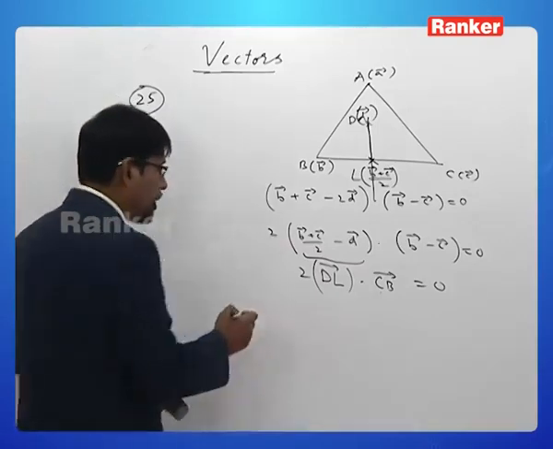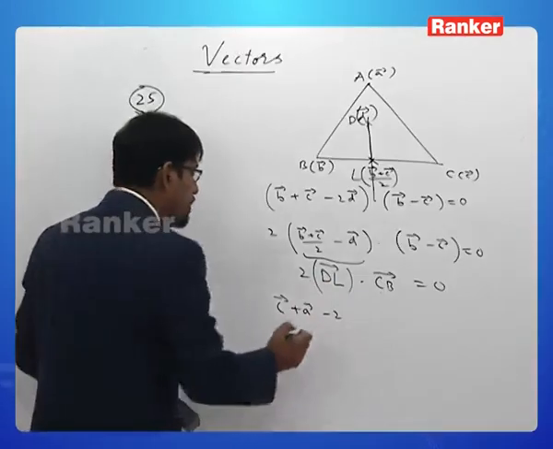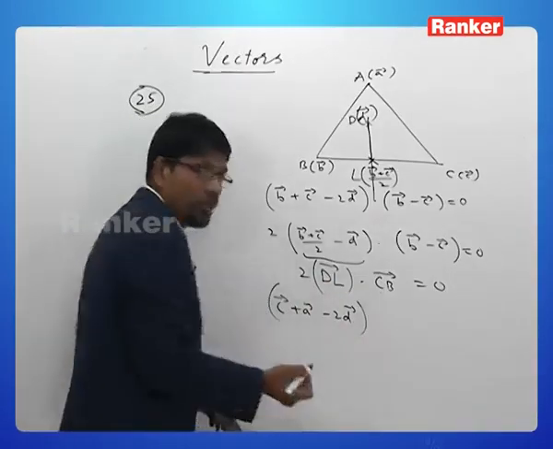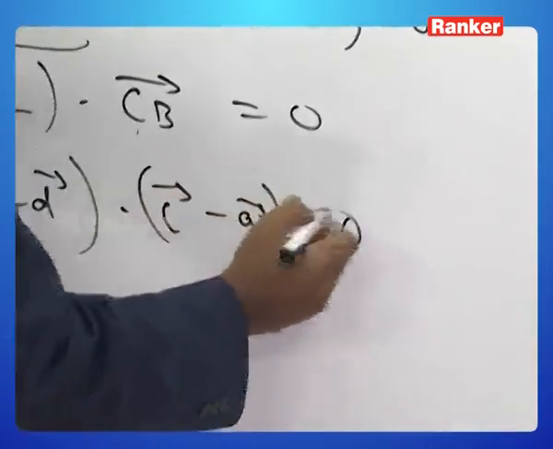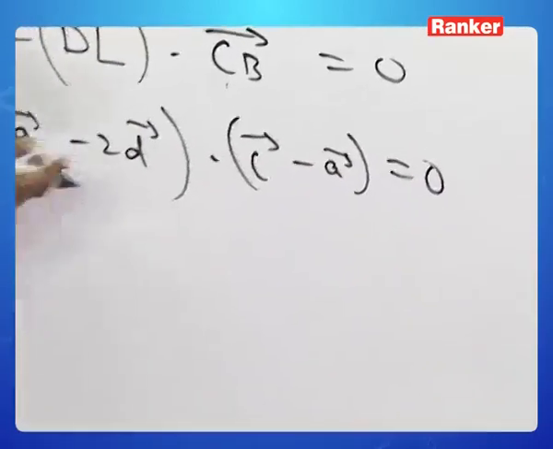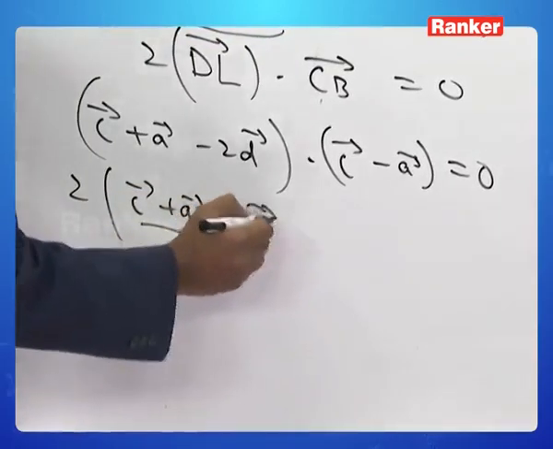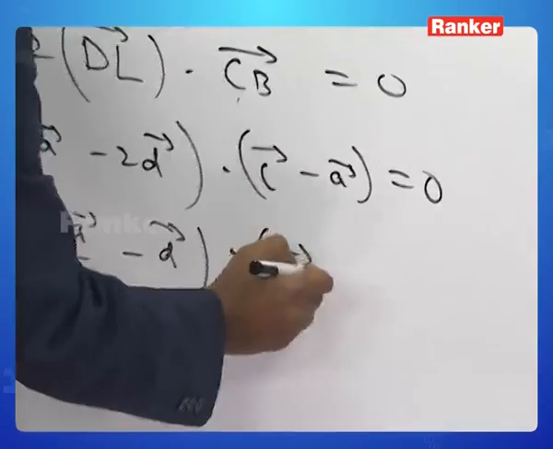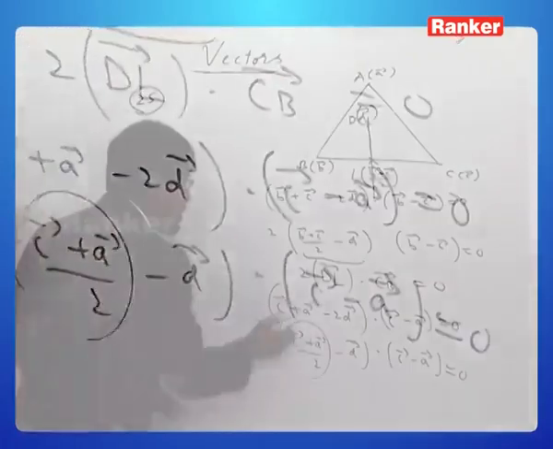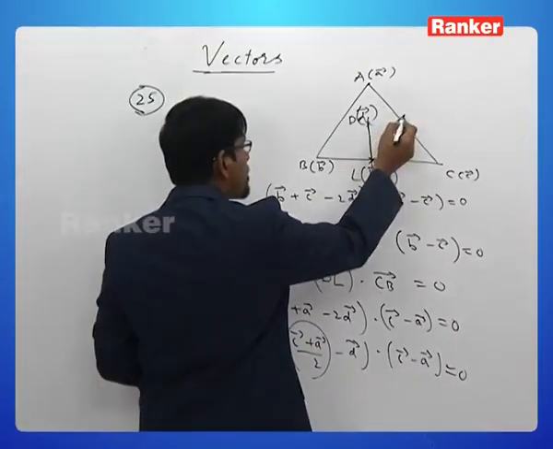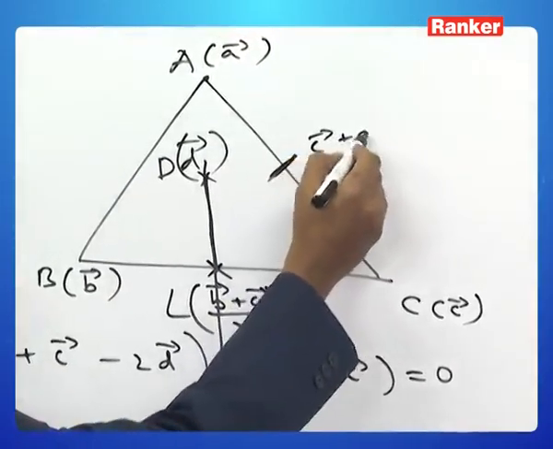Similarly, the second condition, we can rewrite as (C bar plus A bar minus 2D bar) dot product with (C bar minus A bar) equals 0. That also can be interpreted like this. We can take out 2 common and write this as (C bar plus A bar by 2 minus D bar) dot product with (C bar minus A bar) equal to 0. What is (C bar plus A bar) by 2? That must be the midpoint of AC.